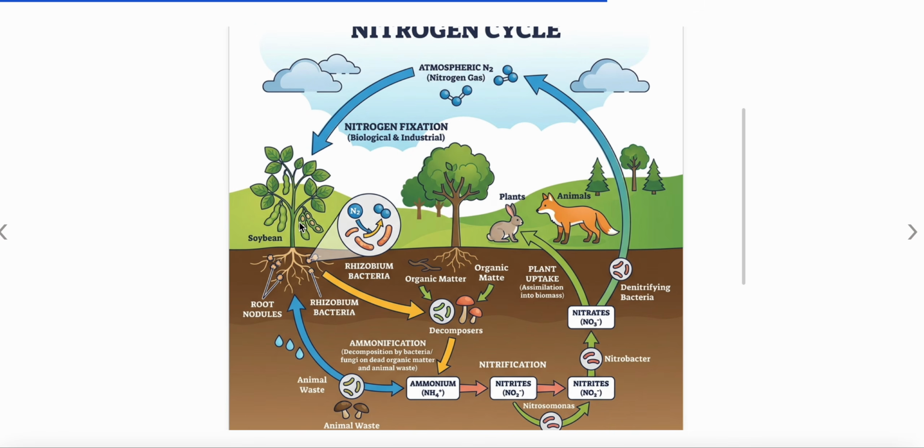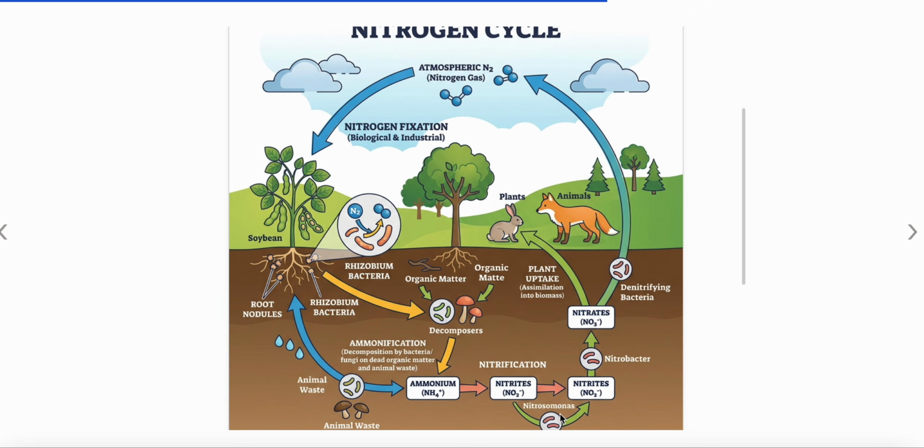This rhizobium bacteria converts the atmospheric nitrogen into ammonia, and that process is not possible without nitrogen-fixing bacteria. We call them nitrogen fixers. One example is rhizobium bacteria.